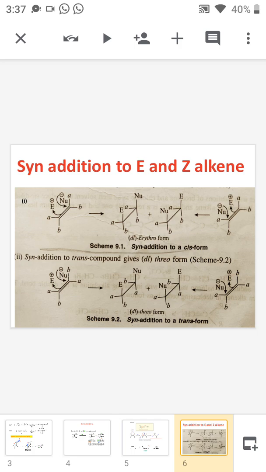If you are adding the polar molecule in the same direction, that means a syn addition, we will get a threo form. That means see the structure of the alkane which is formed during the syn addition. In the erythro form both the substituents A and B are on the same side, whereas in the threo form, A's are on the same side and B's are on the same side.